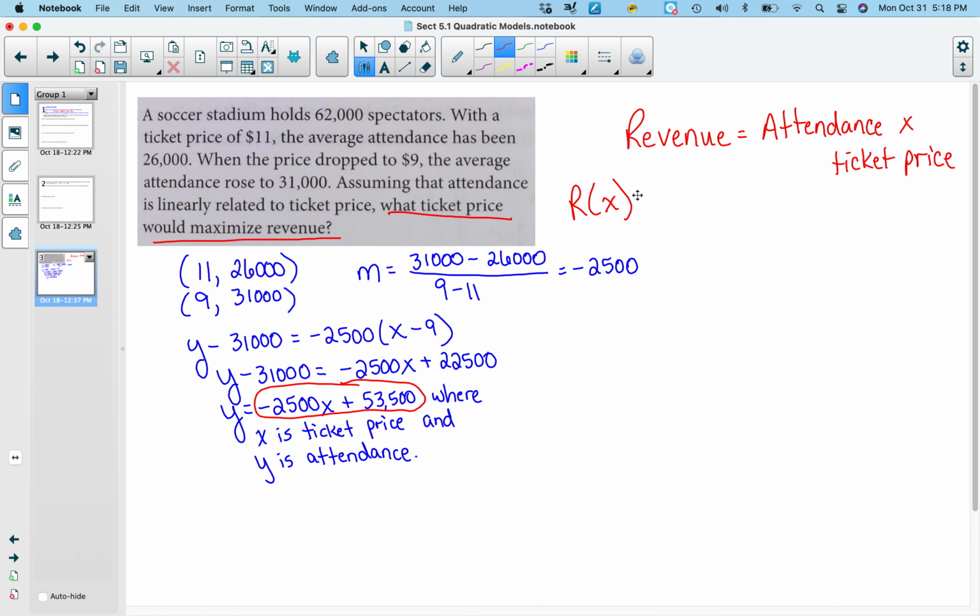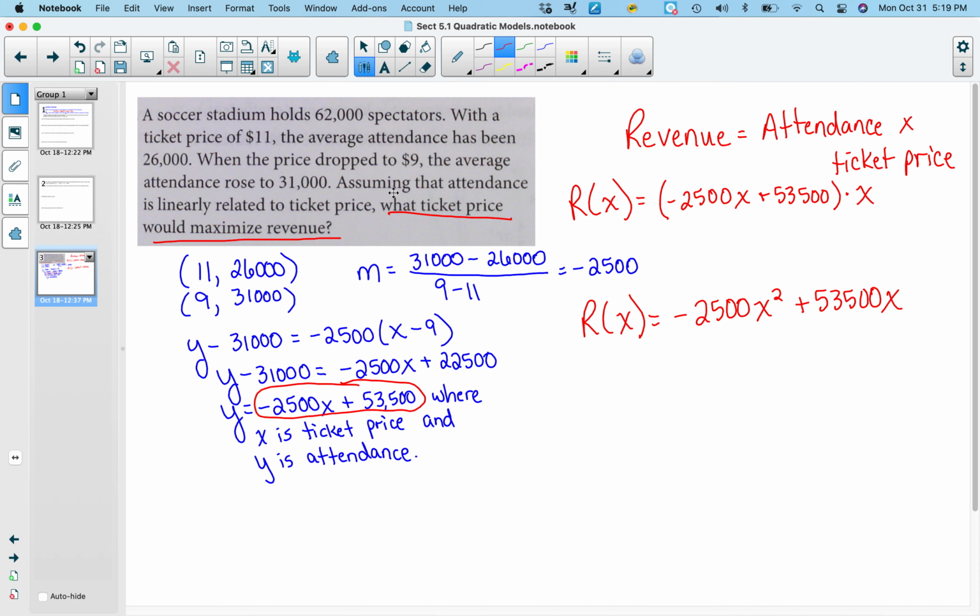Then we take our attendance, which is negative 2,500 X plus 53,500, and multiply that by the ticket price, which is X. So that's our equation, R of X. If I distribute that, we have negative 2,500 X squared plus 53,500 X. That's my expression for the revenue.